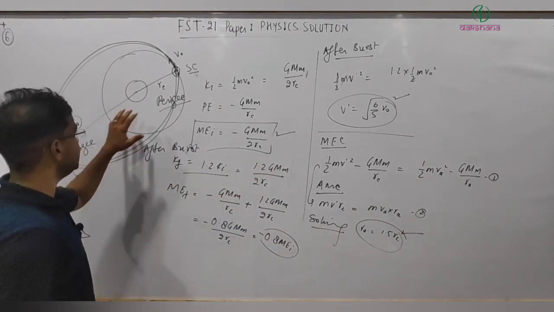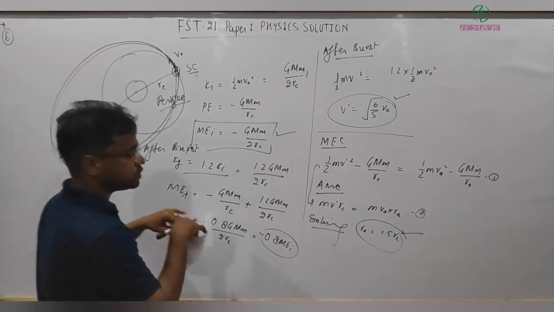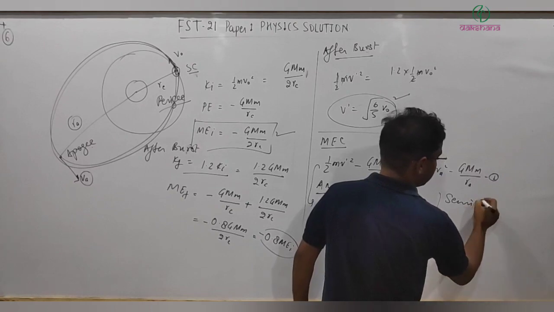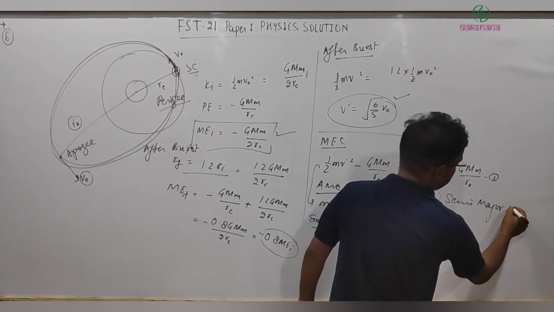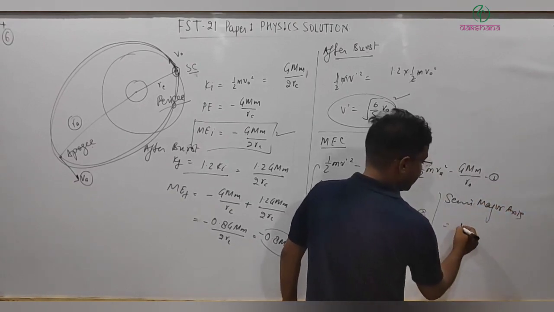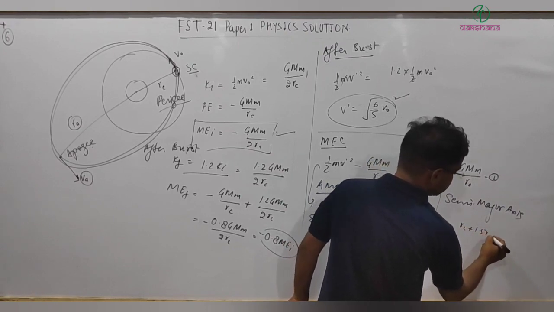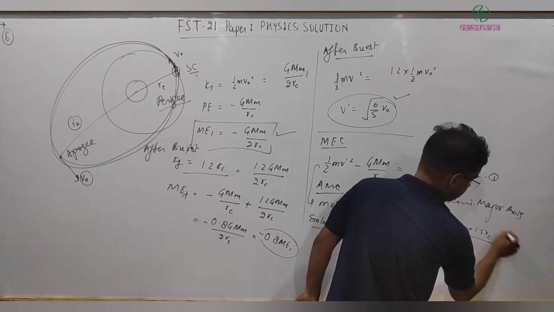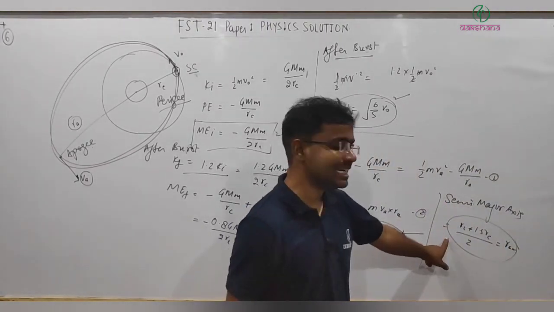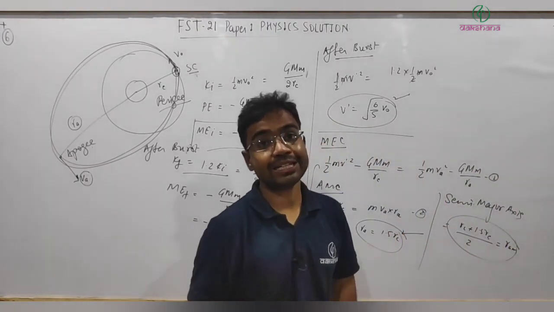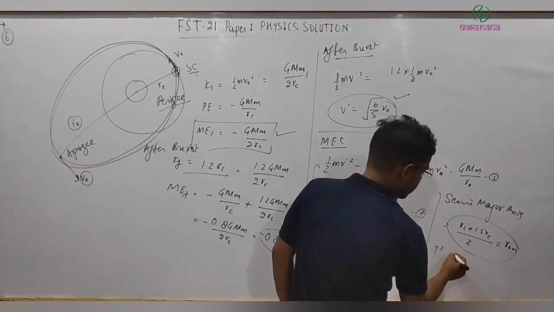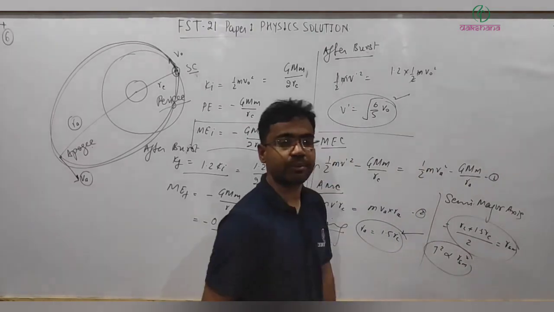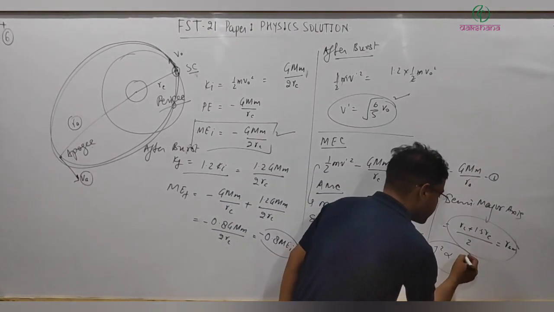This is RC and this is 1.5 RC, so the semi-major axis will be RC plus 1.5 RC divided by 2. This is R semi-major axis. You can see it has increased. So definitely T square is directly proportional to R semi-major cubed. So what will happen to the time period? Definitely that will also increase.